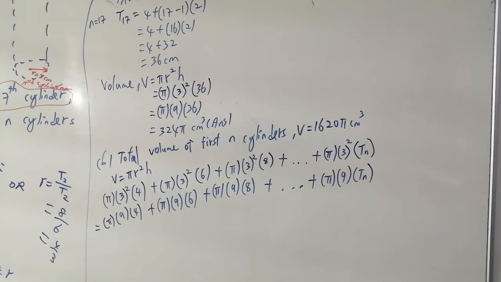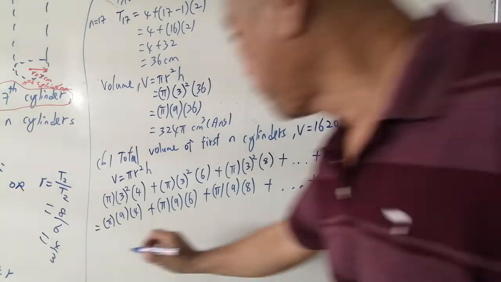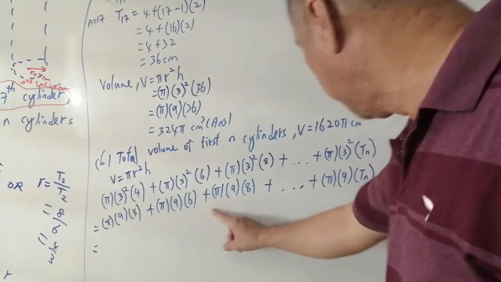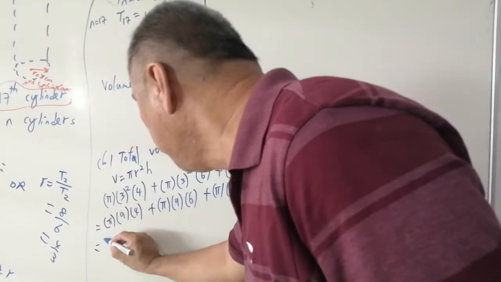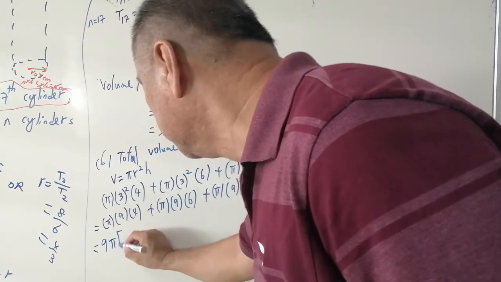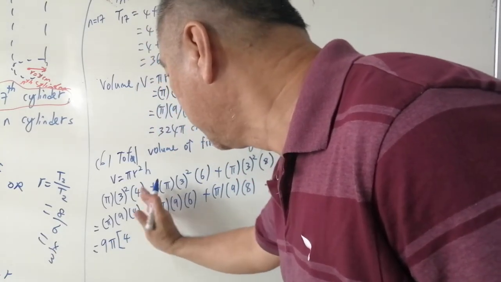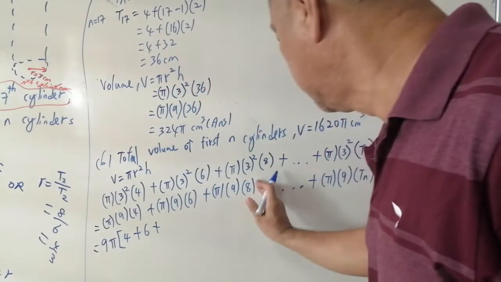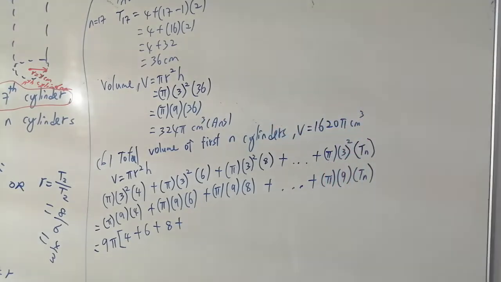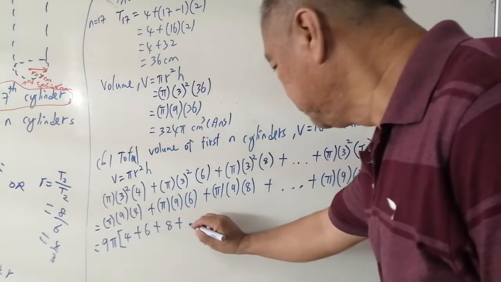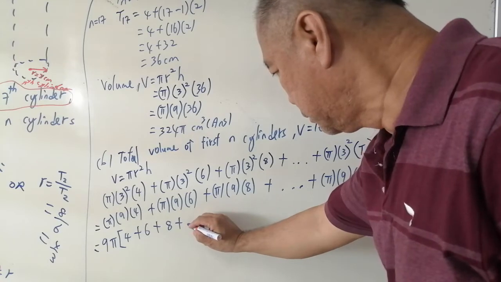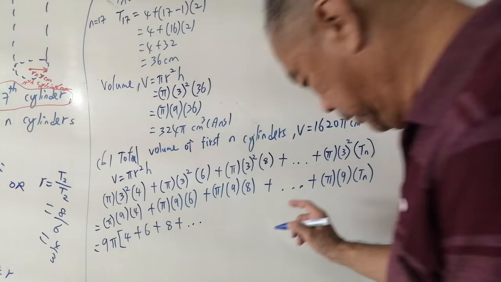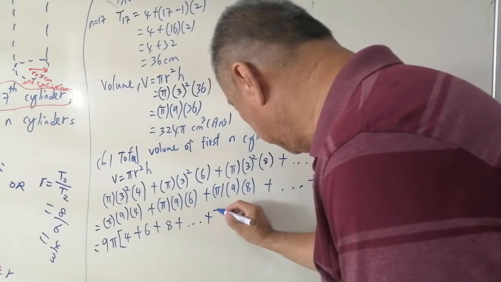So you can make a conclusion that since the common factor here is 9 pi, this means the 9 pi I take out will be multiplied by 4, the first term, plus the second term 6, plus the third term 8, plus dot dot, plus Tn.